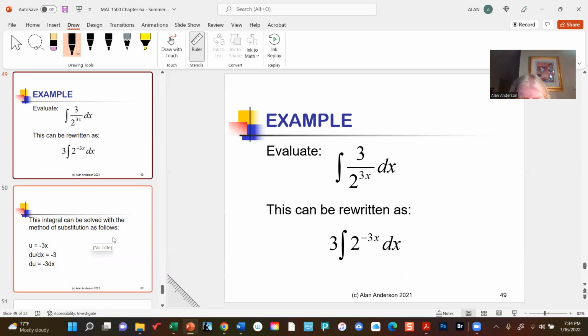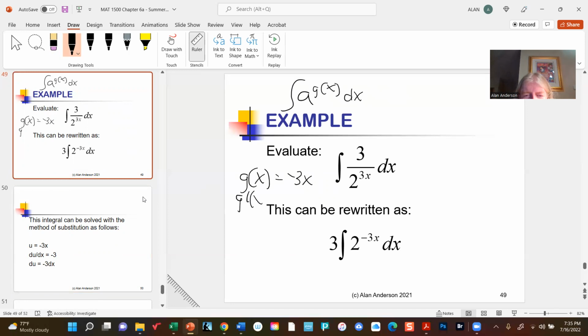Well, all right, the surprise has already been spoiled for you. You can see that we can rewrite it, move the 3 outside because it's a constant. And then you have 2 to the negative 3x power. So this is one of these a to the g of x problems, where g of x will be the negative 3x.